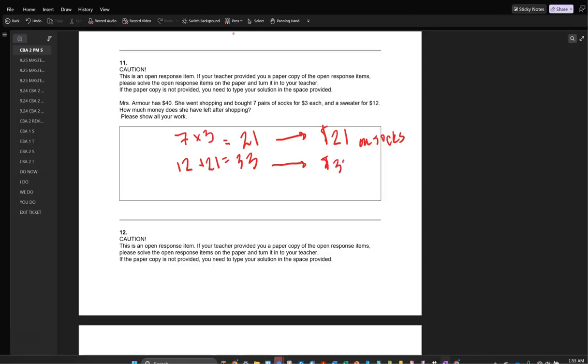And we're looking at 33 dollars for, I guess, clothes. Okay. And finally, we take the 40 she started off with minus the 33. We get 7. And $7 is the money she has left. Okay. Money left after shopping.